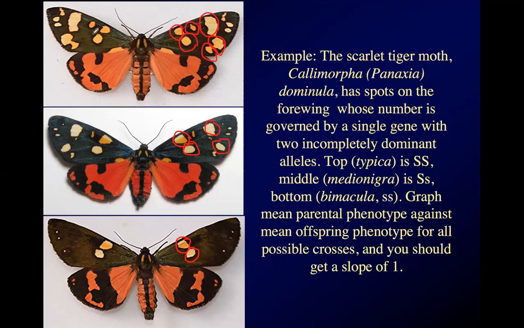Now, yes, there's a few more out there, and I'm not calling them spots, but that's because there's a point I want to make. So we have 2 spots on the wings of homozygous recessives, 4 on the wings of heterozygotes, and 6 on the wings of homozygous dominants. Now, what can I do with this?